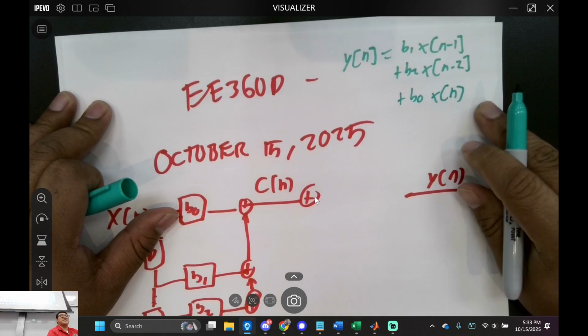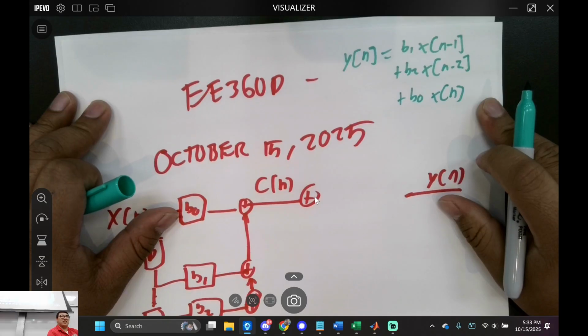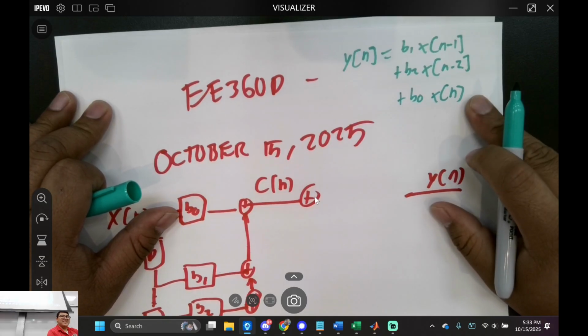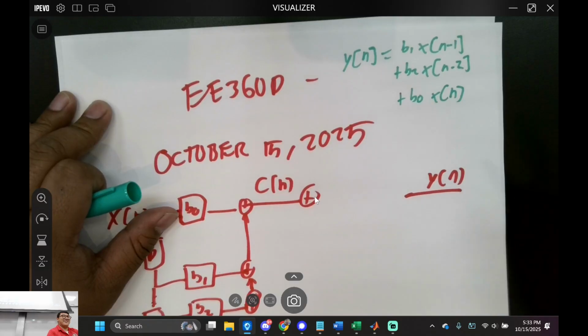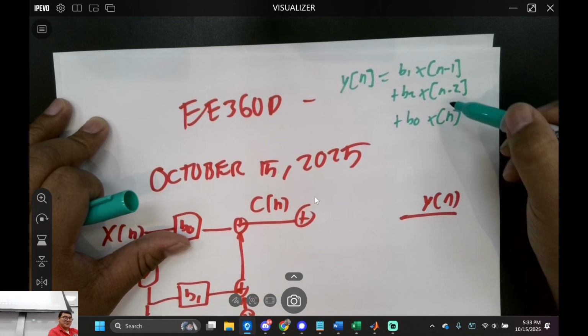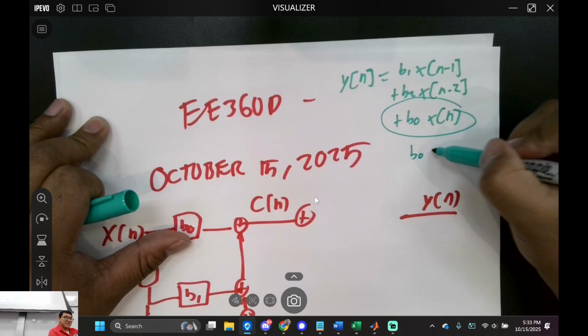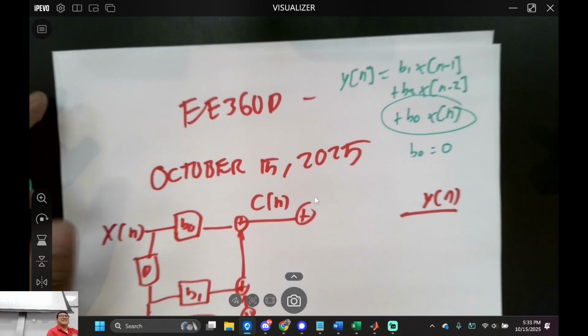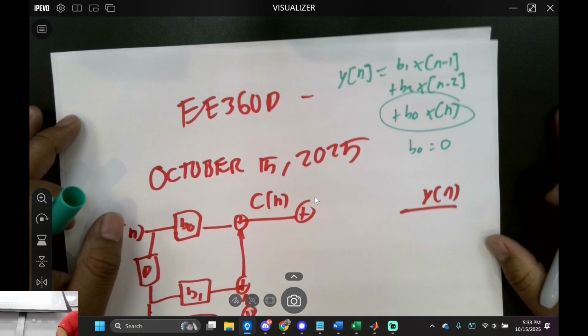This is what you see. This is the answer that you see in the book, the general answer. But if you do this, you're not wrong. But understand what's going on. b of 0 is equal to 0. It doesn't exist. So hear me out.